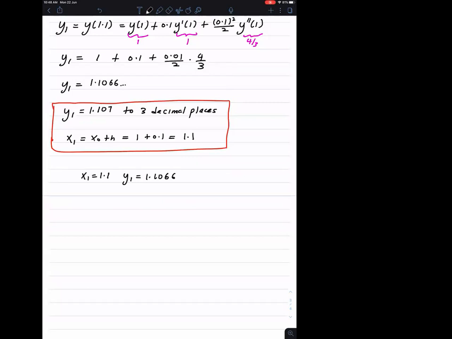Although you want the answer to 3 decimal places, I'm going to use 4 decimal places because I need this answer to find out y2. So I have one decimal place more than 3 decimal places. 3 decimal places is the final answer. But to plug into the next equation, I'm going to use 1.1066.